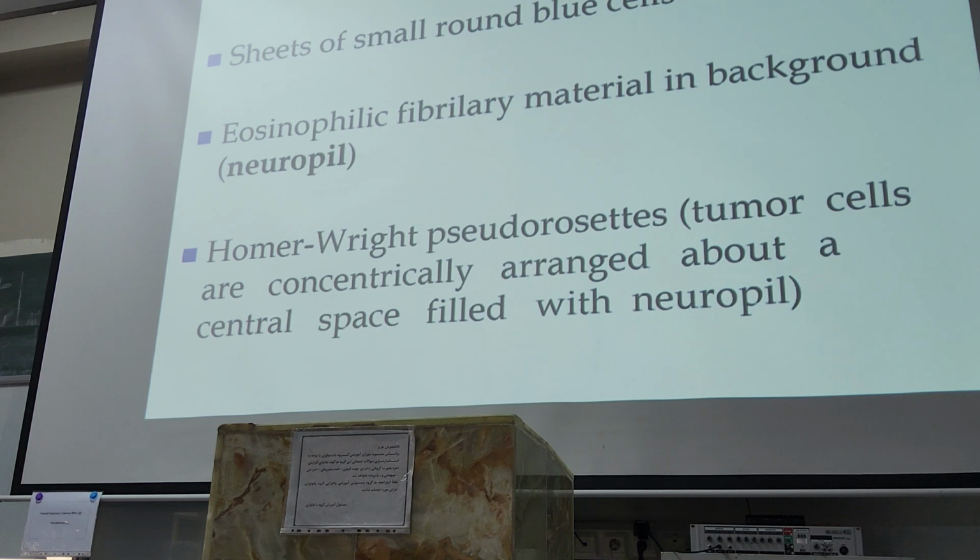Sometimes in ependymoma, the central region of the rosette has a vascular structure, a vein in the middle of the rosette. So you have different kinds of rosettes or pseudorosettes. Here, the central region is filled with neuropil, which is the cytoplasmic extension of neuroblasts.